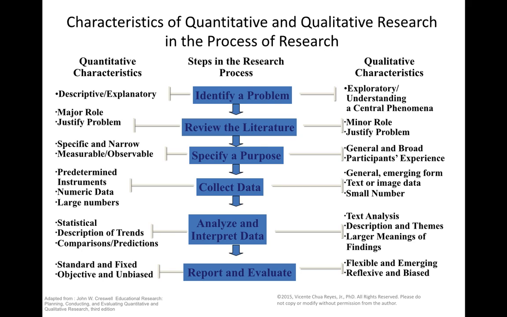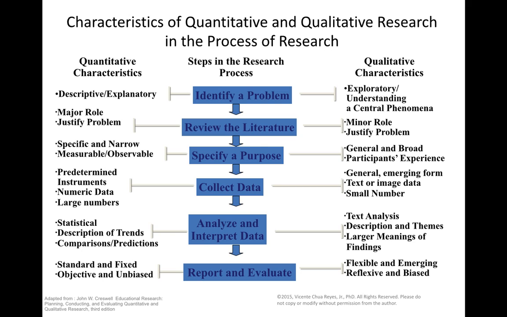Numeric data is collected, and usually large numbers. For analyzing and interpreting data in quantitative approaches, it's statistical analysis, which essentially entails description of trends, comparisons and predictions, cause and effect. And when you talk about reporting and evaluation, it's standard and fixed. There are conventions that are followed, and it's usually objective and unbiased.